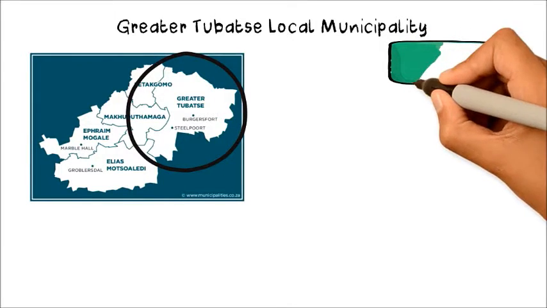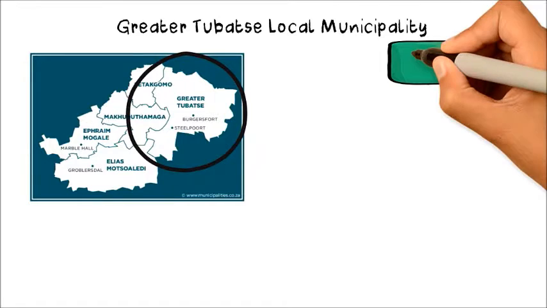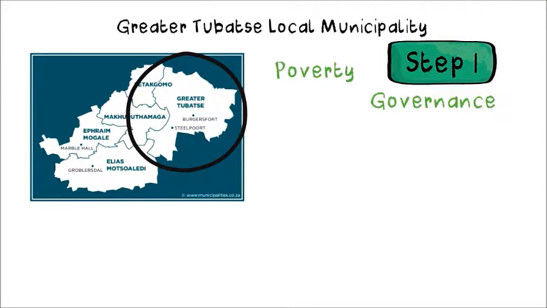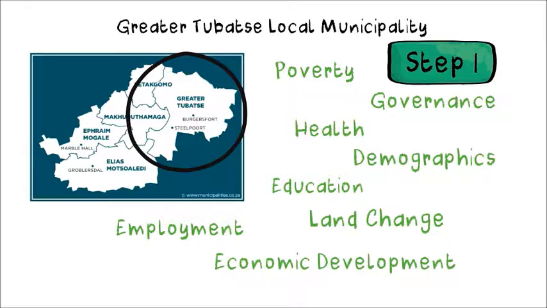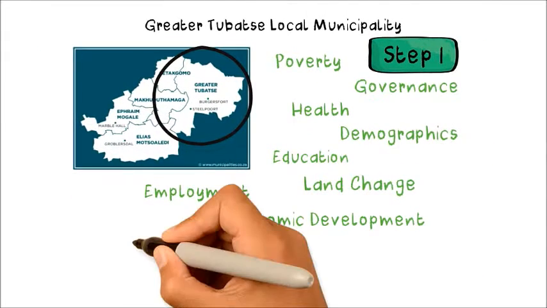Now, in the first step of the toolbox, I highlighted the challenges faced by the municipality. This was done by using a matrix of sustainability indicators, coupled with multi-criteria analyses to establish the sustainability of the municipality in relation to the three spheres of government.